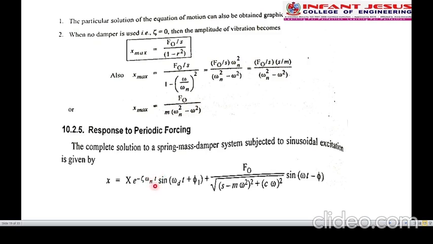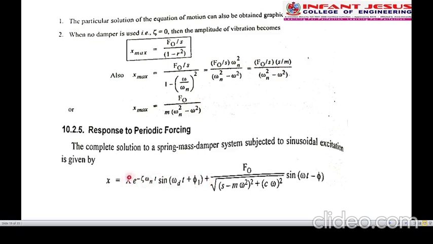Initially there will be some value, but when t increases until infinity, the e power term becomes e power minus infinity, which is 0. That means this term will be 0.